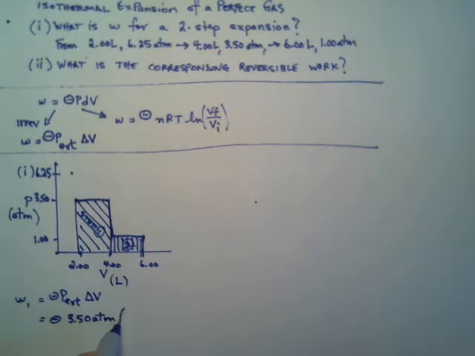Delta V, so open bracket, making it very clear that this is a change, although I can do that in my head and say it's 2. I'm just going to write it out. 4.00 minus 2.00.